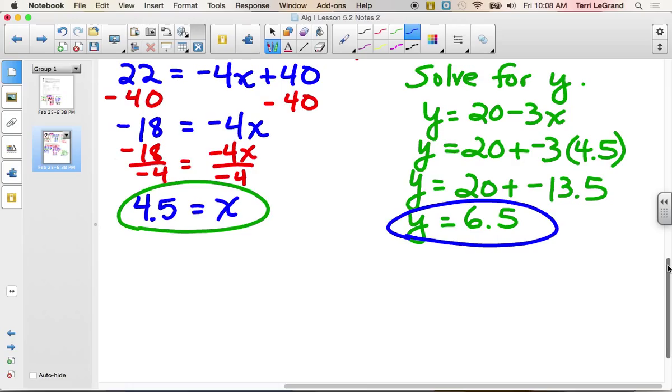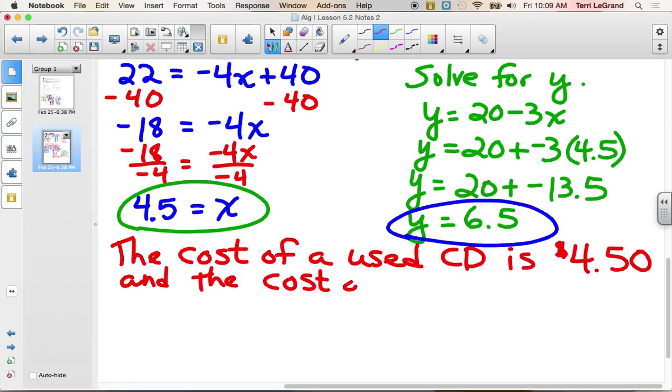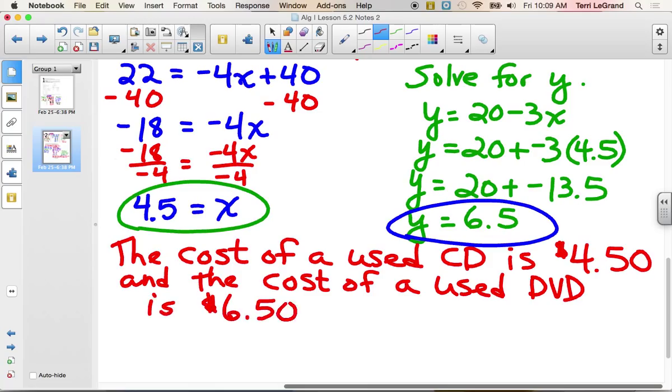The cost of a used CD is $4.50, not 4.5, it's money. The cost of a used DVD is $6.50.